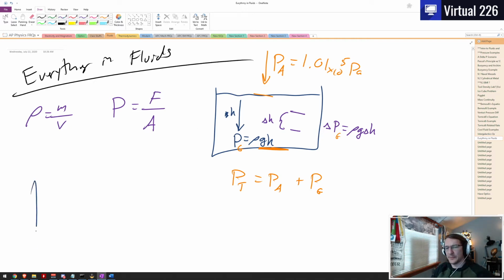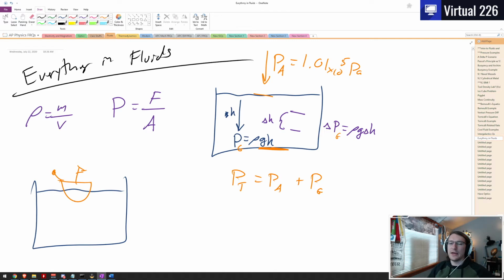We also spent some time talking about objects that are floating, like our many boats, like the Going Merry. If we have a boat and it's floating, what causes that boat to float?